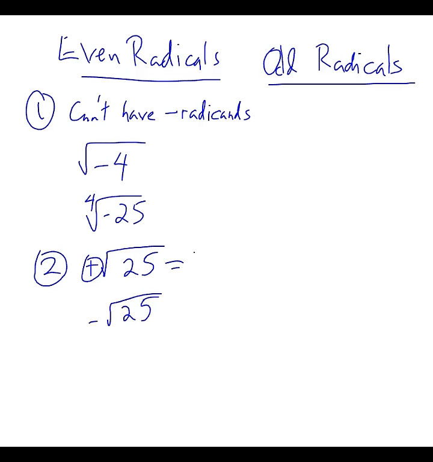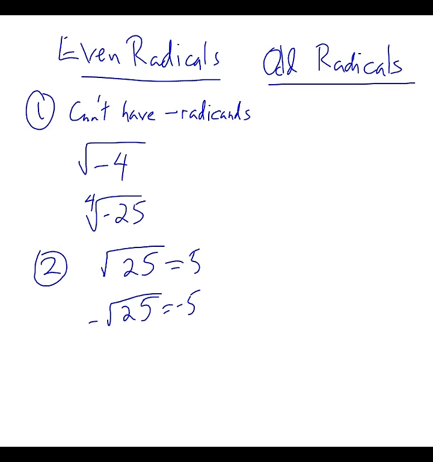The answer to this one is 5, whereas the answer to this one is -5. So with even radicals, we can't have negative numbers inside the radical, and you can sometimes have a positive answer and a negative answer. Be careful. If you see no symbol here, then we just want the positive answer. If you see a negative sign, then we want the negative answer.